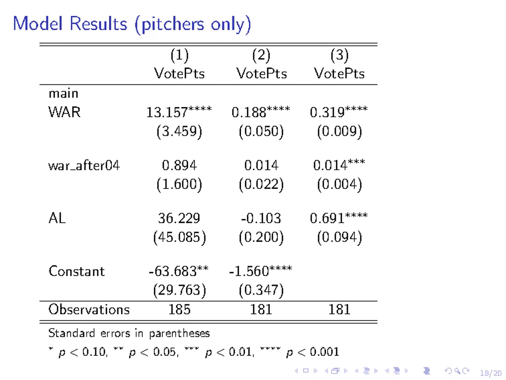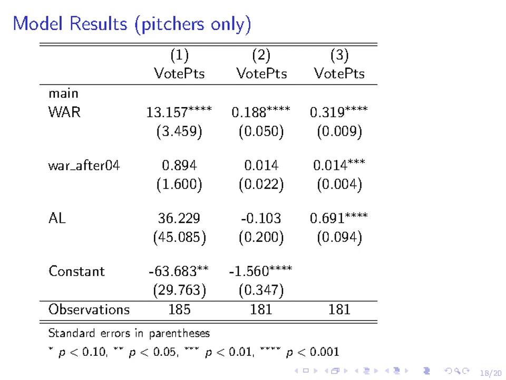We consider the same model for pitchers only, and we find that for each unit of WAR, pitchers receive fewer additional vote points. And we also find that the advent of WAR really didn't make a difference for pitchers.